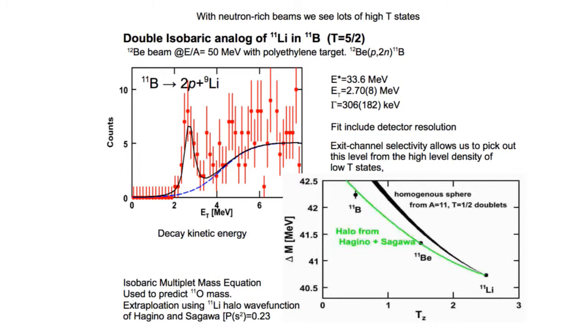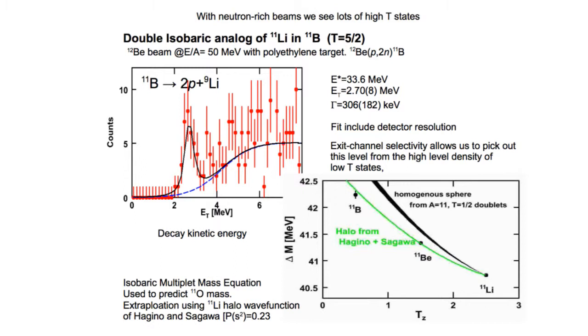But the most interesting thing I find is that if we calculate how this should go based on normal nuclei, not a halo nucleus like lithium-11, then you get this black curve, okay? And as you can see, the masses are decreasing slower, and that's because you're putting protons into the halo, and in the halo the Coulomb energies are lower.